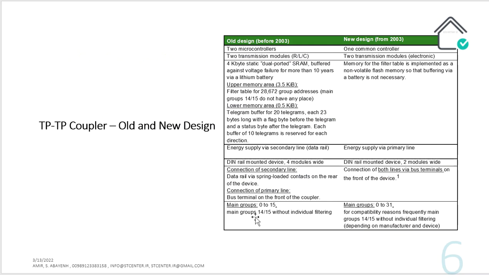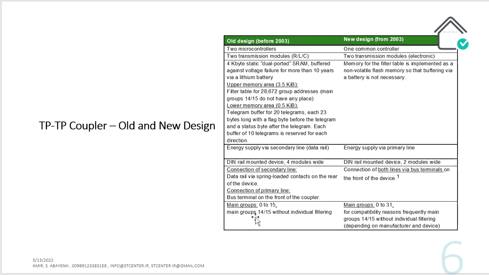Then, another important difference: before 2003, the main group address range was 0 to 15 because of ETS3 and before, but nowadays in ETS5 and ETS6 the main group address range is between 0 and 31. So before, for the group addresses located in main group addresses 14 and 15, there was no filtering.